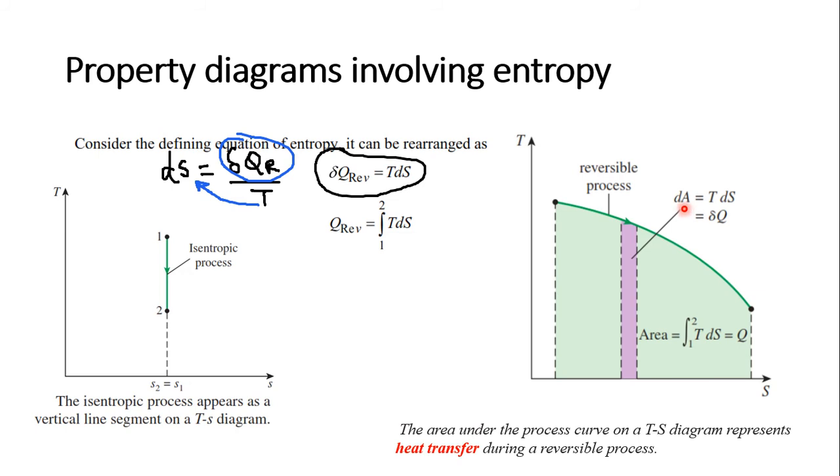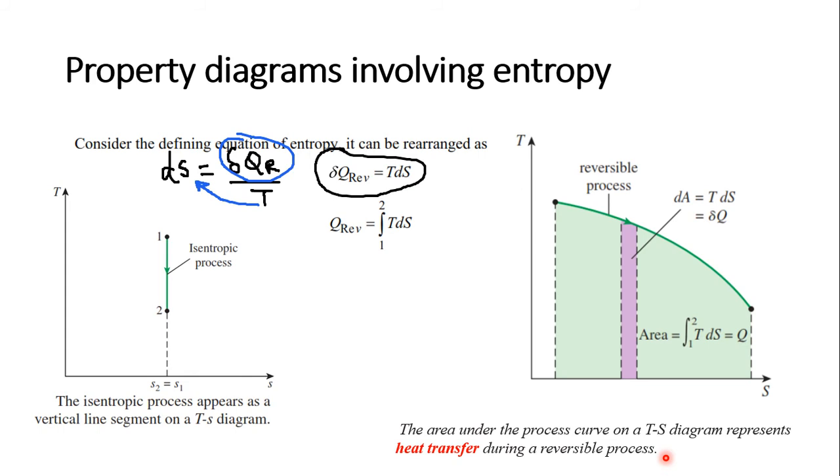Now dA is equal to T ds and del QR is also equal to T ds. So dA will be equal to del Q. Basically, if you integrate this equation, Q reversible is equal to integral 1 to 2 T ds. The conclusion we get from this analysis is that the area under the process curve on the TS diagram represents heat transfer during a reversible process.